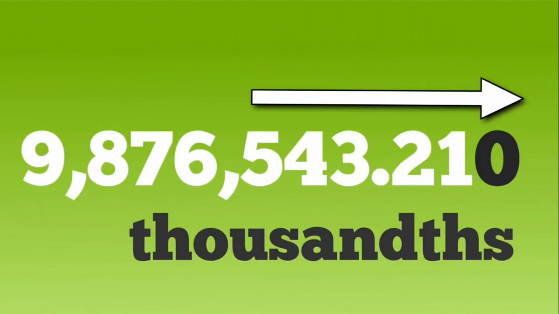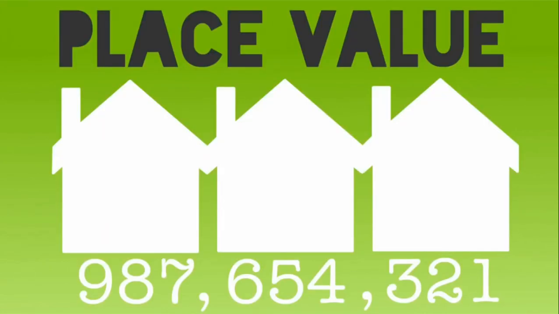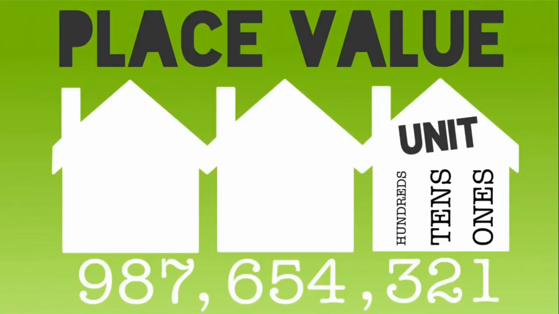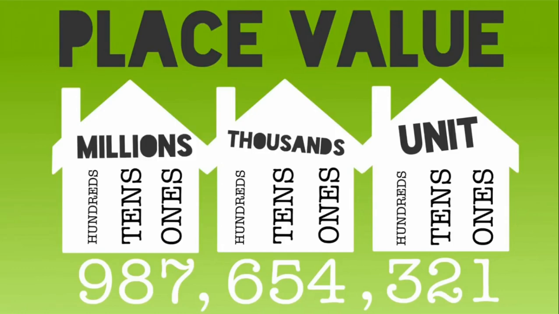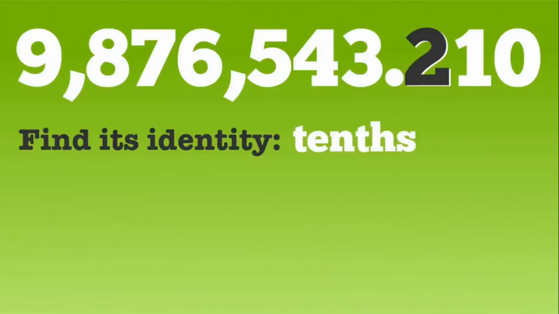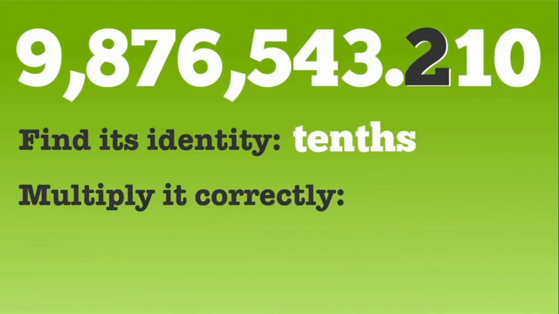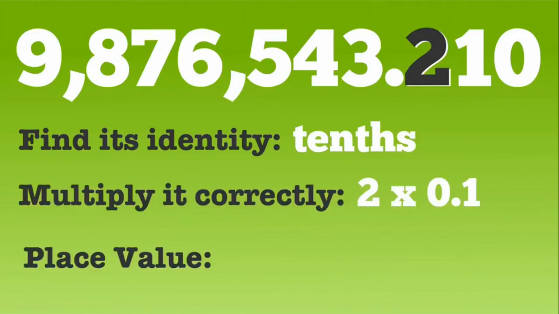Follow the same time so you know the rest. Just don't forget the THS. No, now I know my place value. Now I know what to do. Place value. I can solve anything. I can find its identity. Multiply it correctly. I can count 10 and say, I know my place value.